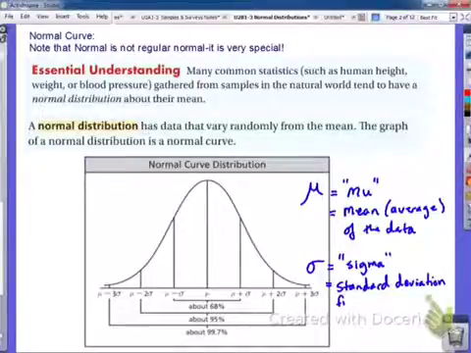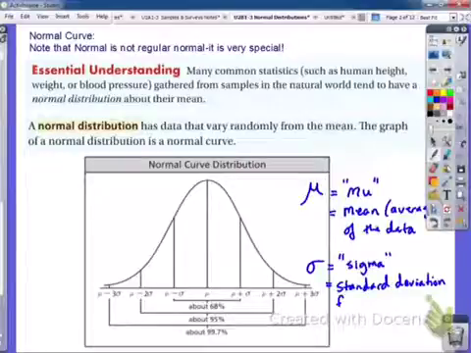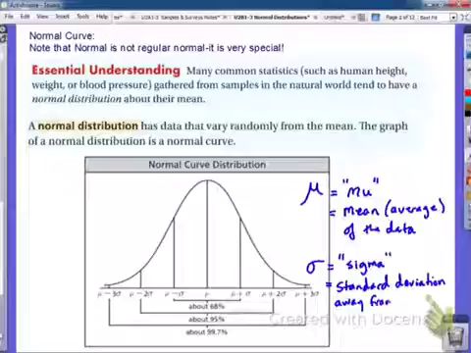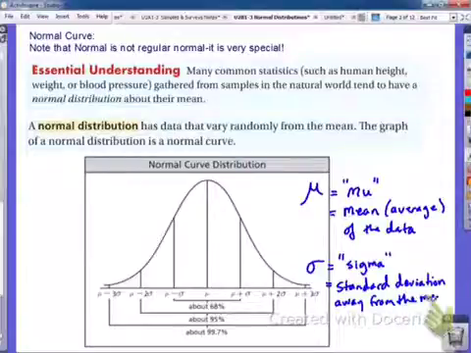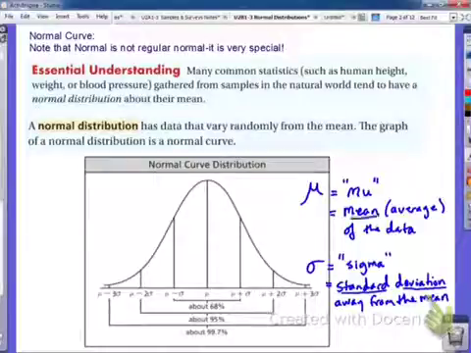We'll say away from the mean. It's the standard deviation. This right here is the mean.